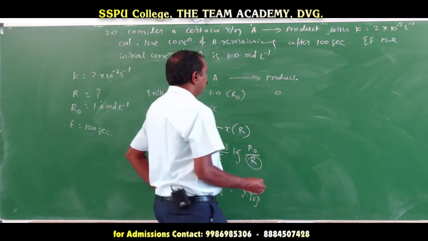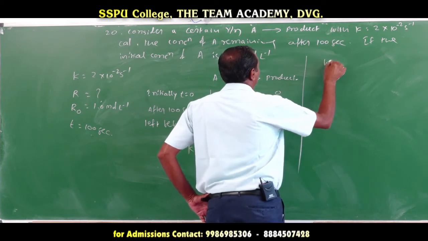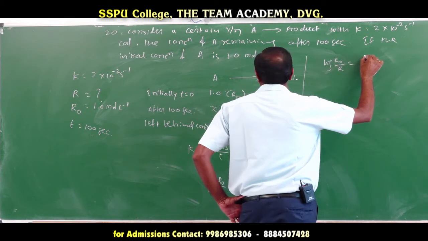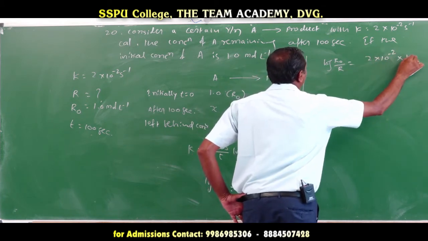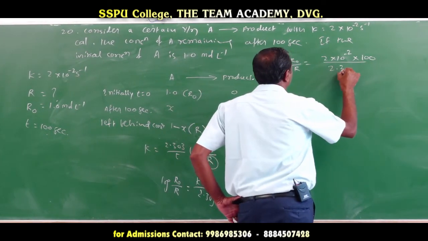Log R naught by R equals K, which is 2 into 10 to the power of minus 2, times T, which is 100, divided by 2.303.